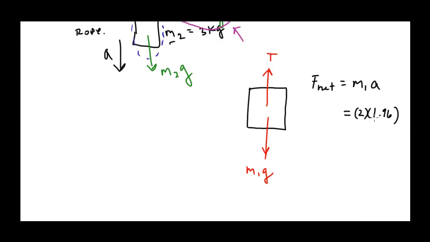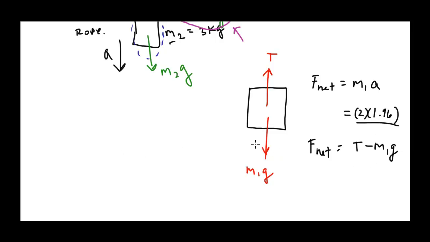So this 2 times 1.96, this net force, another expression for it, must be the tension here minus M1G. So in other words, this 2 times 1.96 must be equal to the tension force minus M1G.